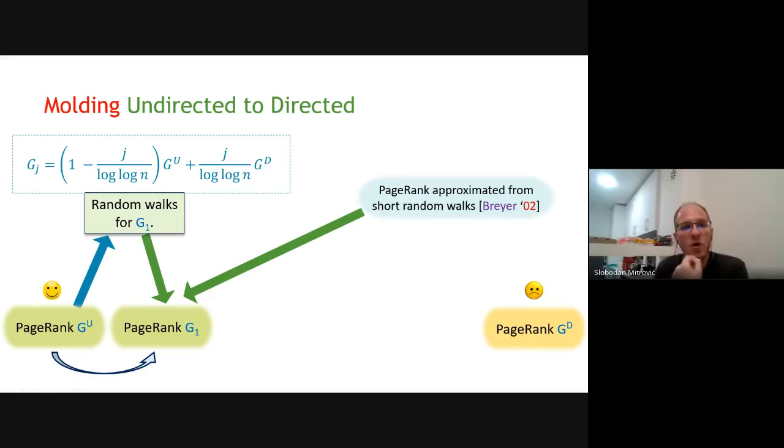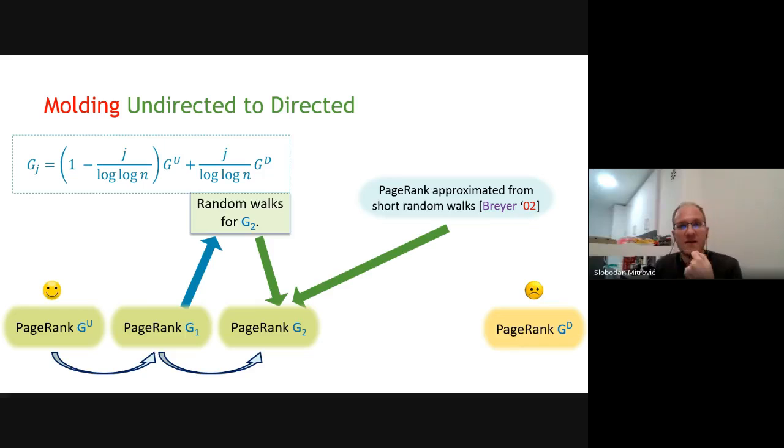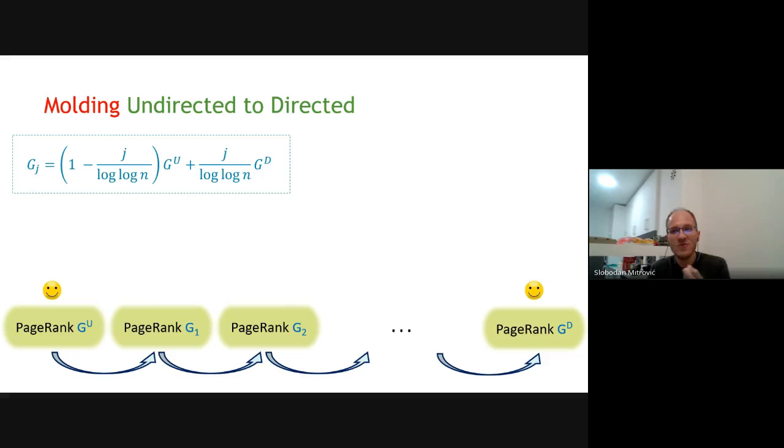We will sample lots of random walks in G_1, transfer them from G_1 to G_2 by rejection sampling, and then use these random walks to estimate PageRank in G_2. And we will continue this way and eventually get to G_D directly.